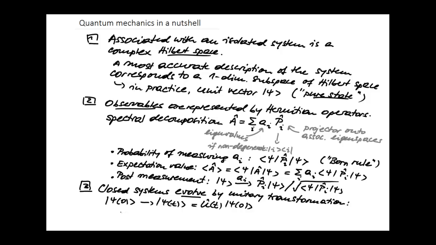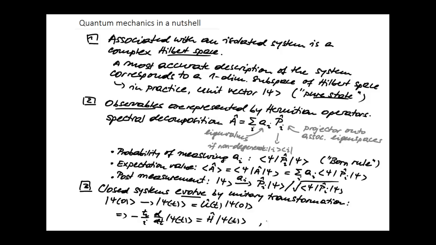What I can do, I can take on both sides of this equation the time derivative and I get it in differential form, and then also with the usual conventions, constants: i h bar d/dt psi(t) equals H psi(t).